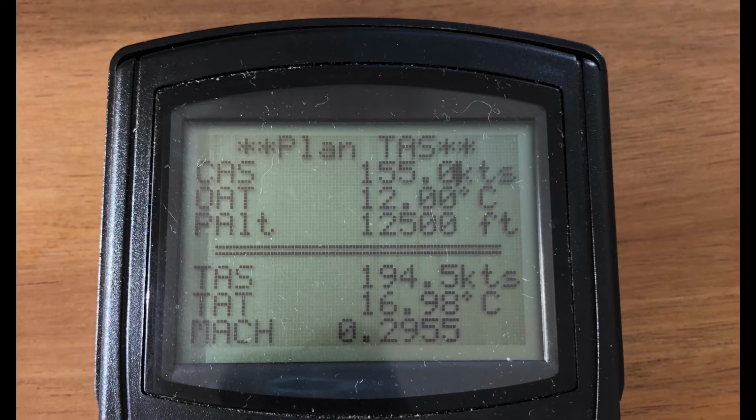Again, don't believe that it came out right? Well, let's look at the electronic E6B. We'll enter all that same information, and it comes up with about exactly what we came up with using the wheel style E6B. So when would we use something like that?